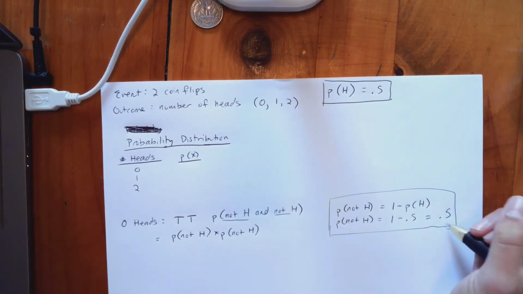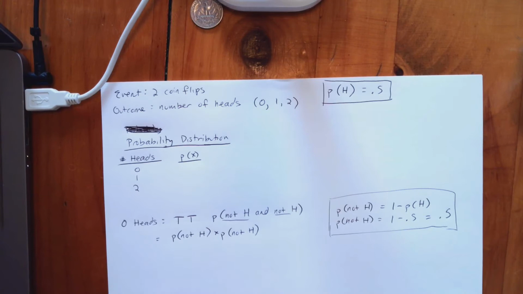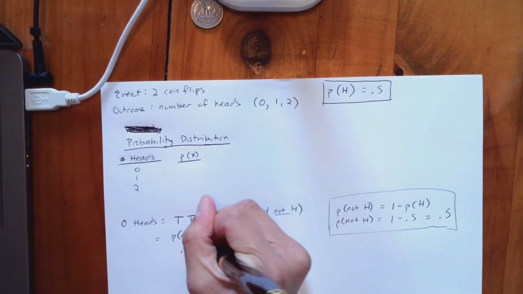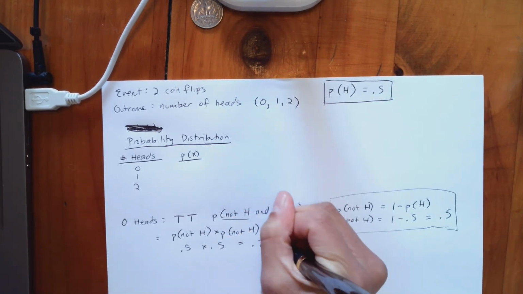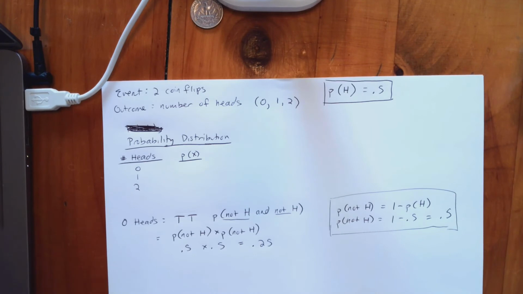So here we have 0.5 as our probability of not getting heads, so we're just going to plug in 0.5 for each of these. So to find the probability of getting tails and then tails, we're going to multiply our probability of getting not heads times our probability of getting not heads. 0.5 times 0.5 comes out to 0.25. What all of this means is that our probability of getting tails and then getting tails again is going to be equal to 0.25.